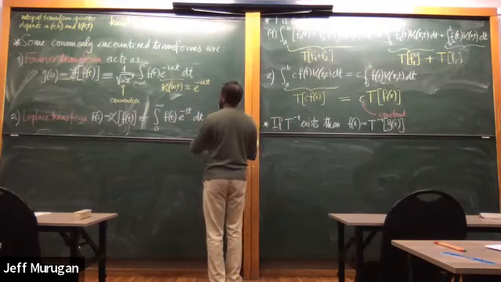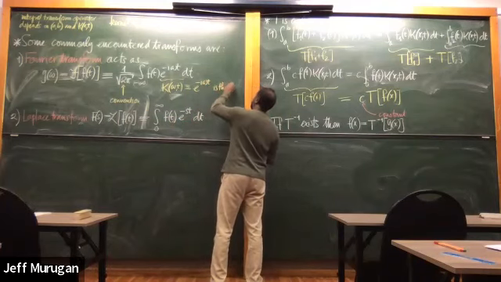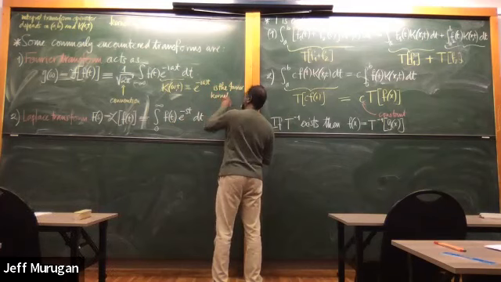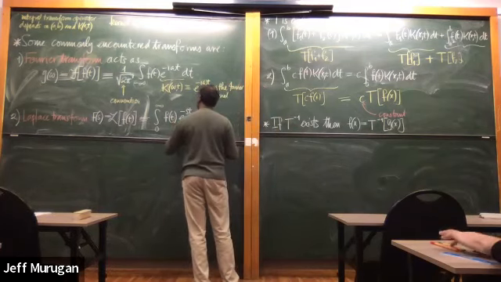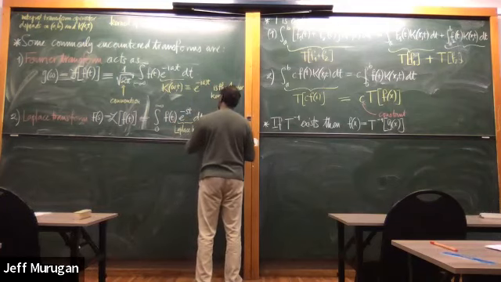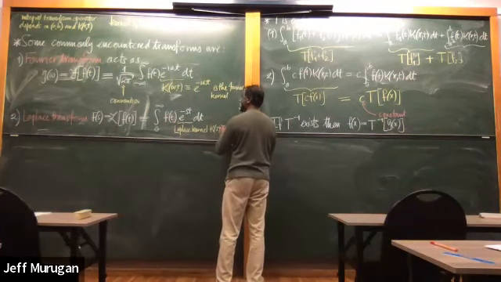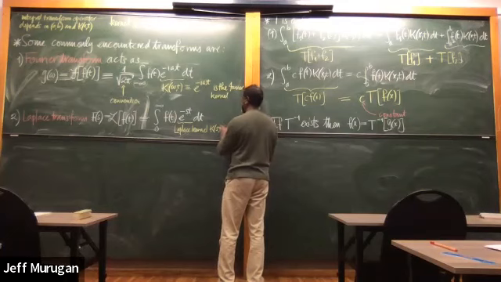So this is the Fourier kernel. And the Laplace kernel K of s t is e to the minus st.